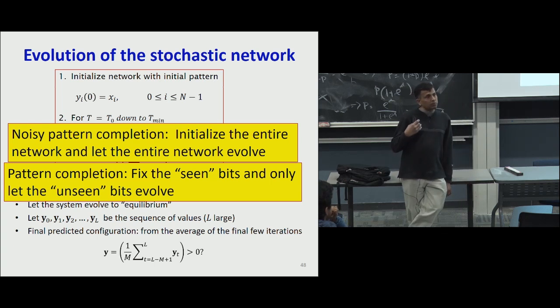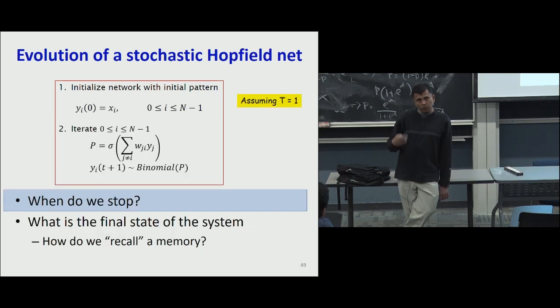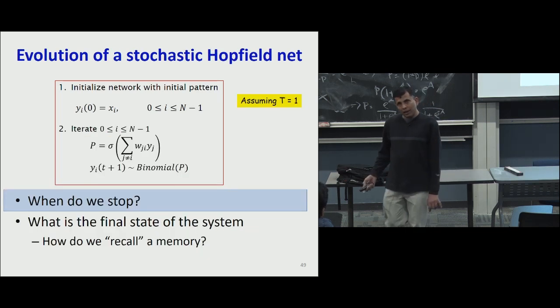If you want to complete a noisy pattern, you'd initialize the entire network and let it evolve in this manner. If you want pattern completion, then the bits that you actually know, you're going to fix those and only let the remaining bits change, right? But the whole process is still going to work. And when do we stop?